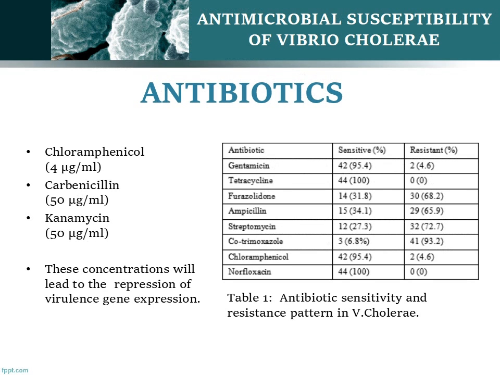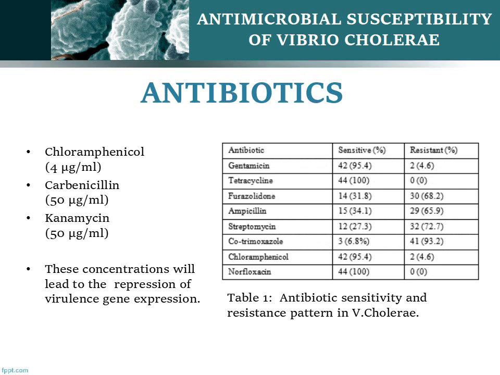So the prevention and control of Vibrio cholerae depends on antimicrobial susceptibility. First we will be looking at antibiotics. Antibiotics such as chloramphenicol, carbenicillin, and kanamycin can be used in the following concentrations and will lead to the repression of virulence gene expression by inhibiting several biological processes of Vibrio cholerae.